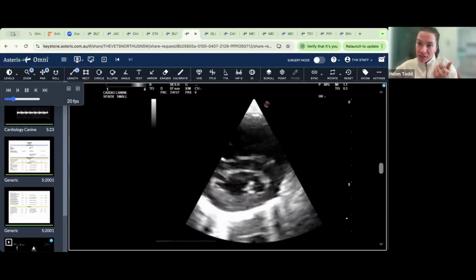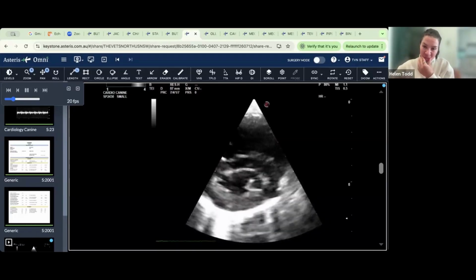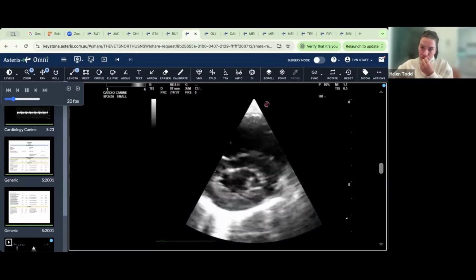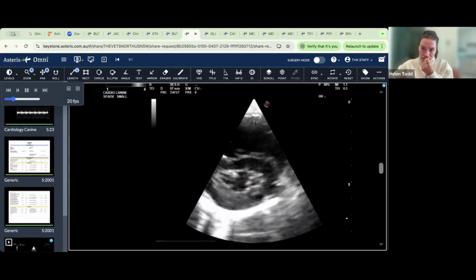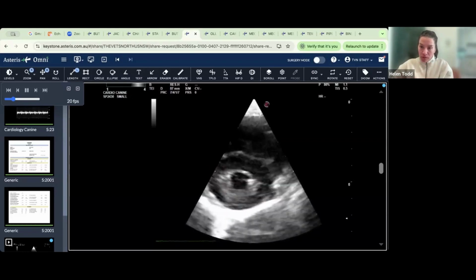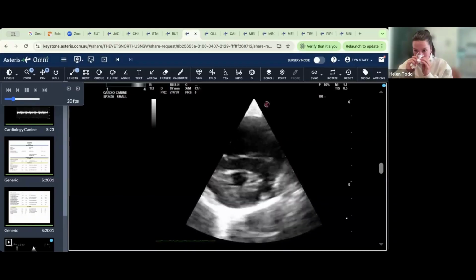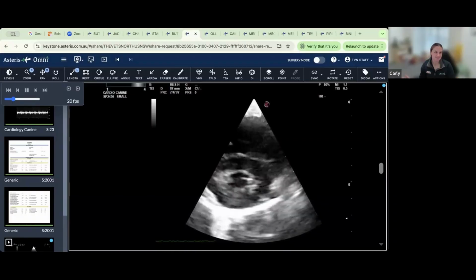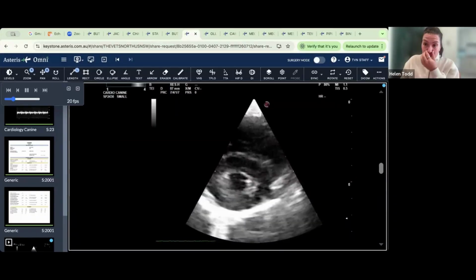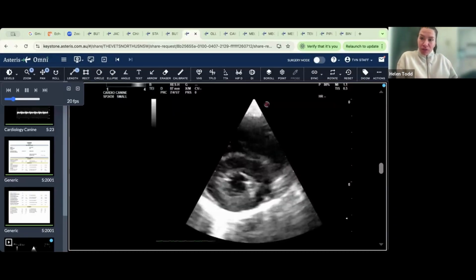What are the other causes of pressure overload in the right side of the heart? Congestive right-sided heart failure. Yeah, we could sit with right-sided heart failure, particularly a volume overload. What about a pressure overload?